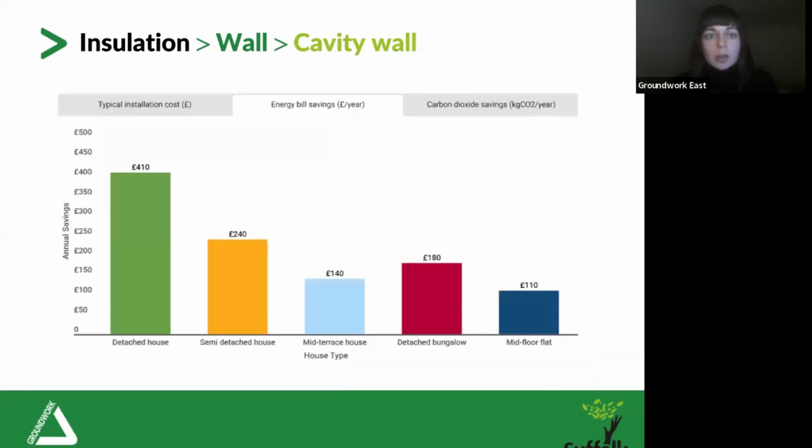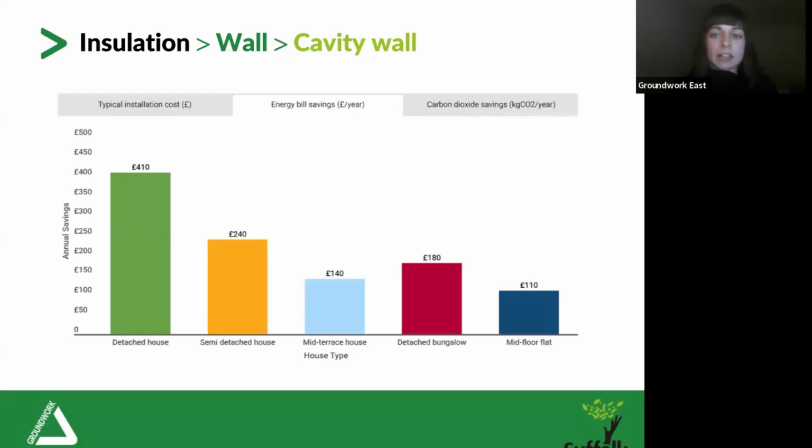So when we're looking at savings that we can find from cavity wall insulation, this is again from the Energy Saving Trust. This is looking at the various different households along the bottom again, and annual savings along the left, the vertical axis. So a detached house typically can expect about £410 worth of saving a year.